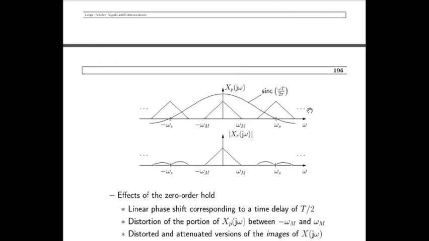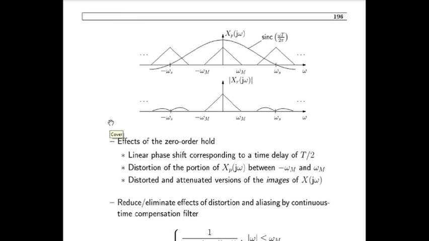So this was our signal Xp of j omega, these triangular lobes, and this signal is our sinc function. When I pass it through the zero order hold interpolator, then after taking the modulus and plotting the magnitude spectra, it will look like this. So what are the effects of the zero order hold interpolator?